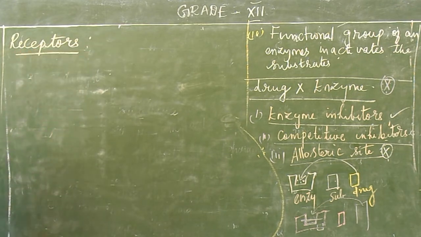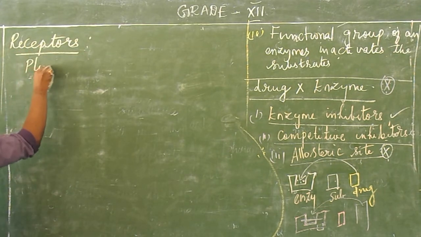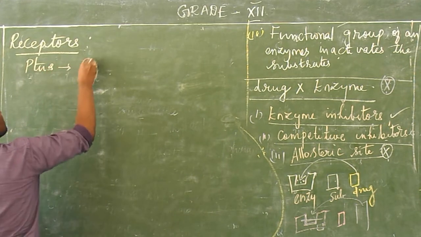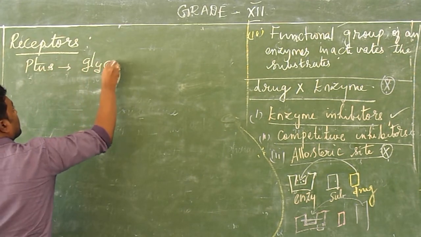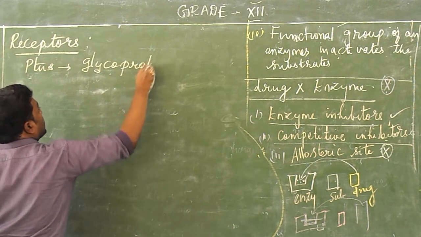The receptors are made up of proteins. Specifically, they are made up of glycoprotein.